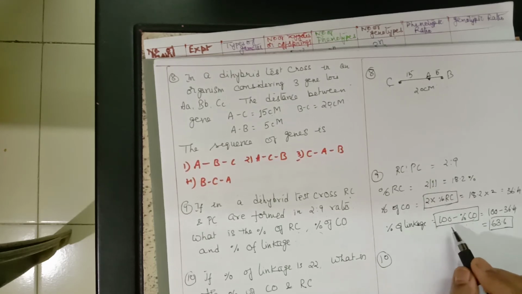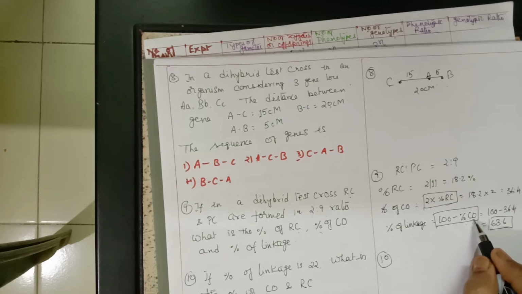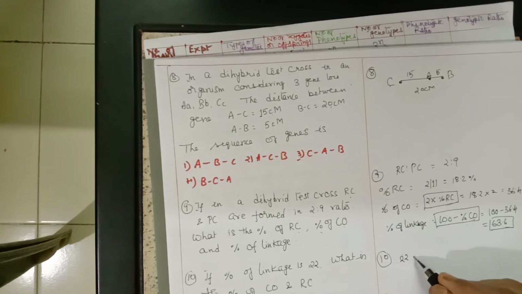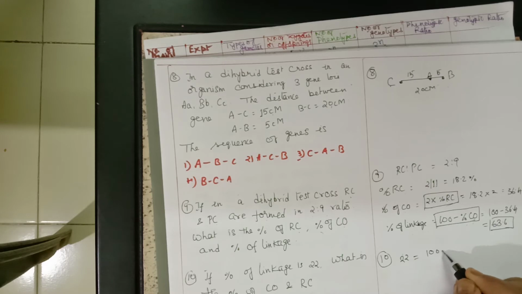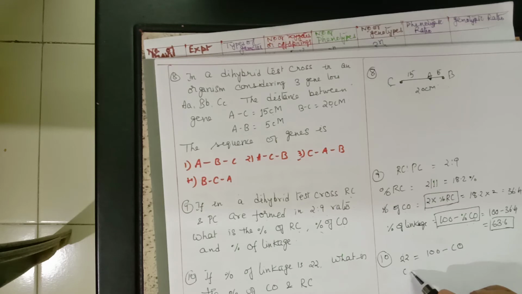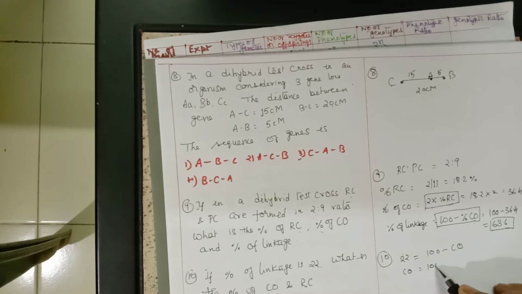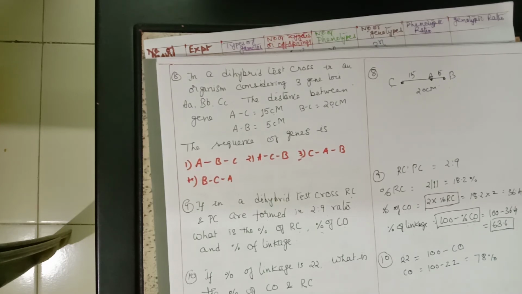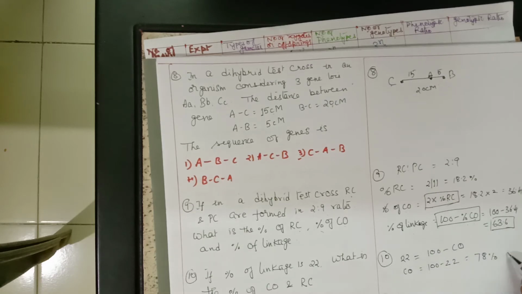So percentage of linkage is 100 minus crossing over, so 22 equals 100 minus crossing over. Crossing over percentage you will get as 100 minus 22, that will be 78. 78% will be the percent of crossing over.